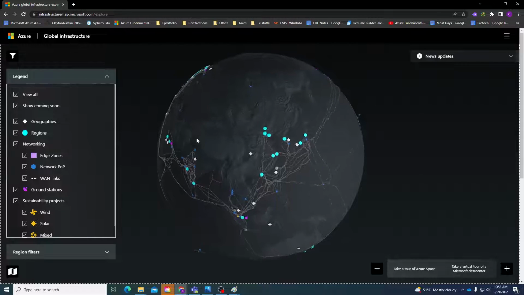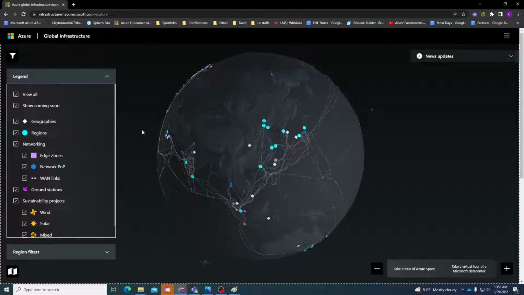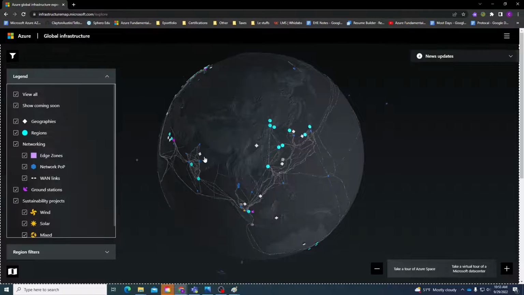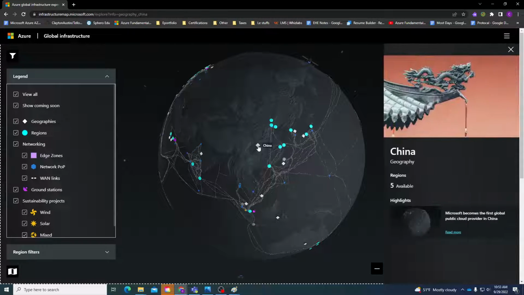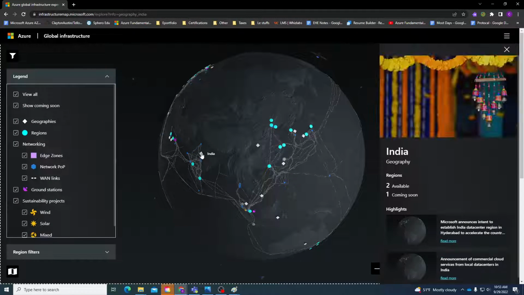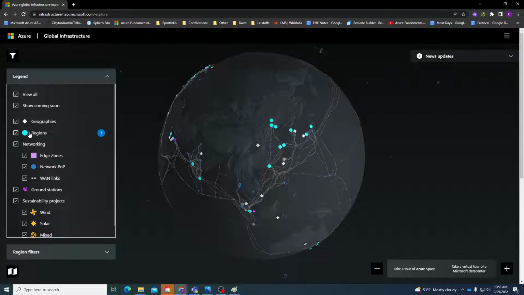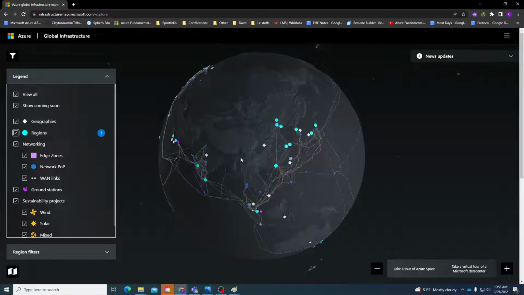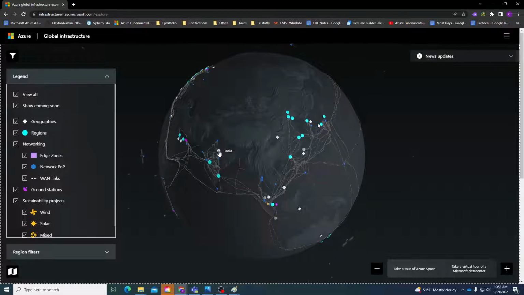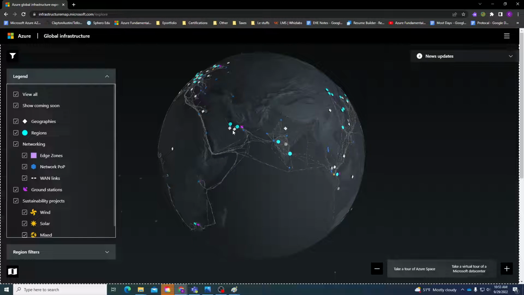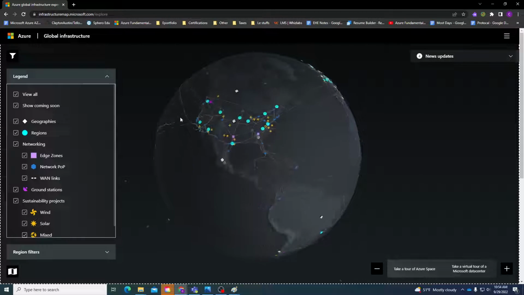So these are geographical regions. For instance, this one's China, then this one is India, and within those there are regions such as Central. If we're just looking at India, actually let's look at America.